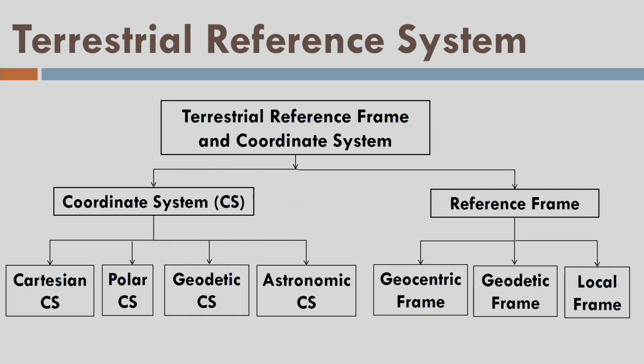If a reference frame is global in nature but is not located at the geocenter, or is slightly away from it, it is called a geodetic reference frame. And we have defined various ellipsoids and reference frames like Everest, Clark, NAD 27. All these are geodetic reference frames because they are particular to a continent or a region, not for the complete earth.